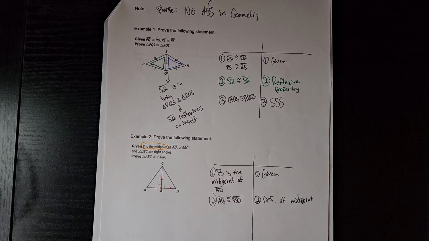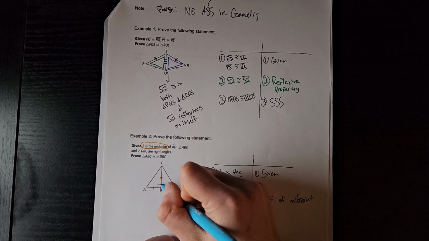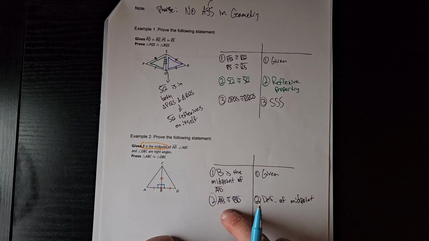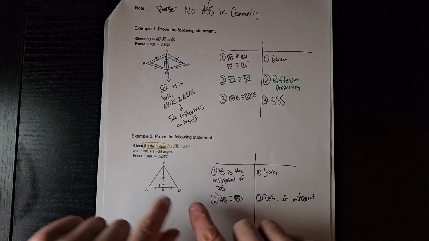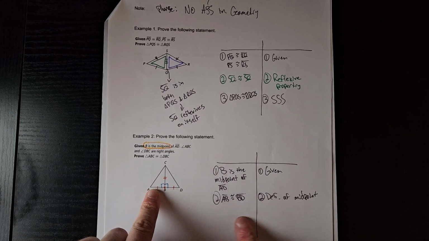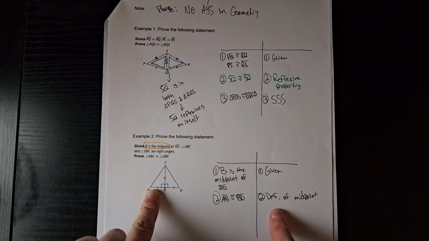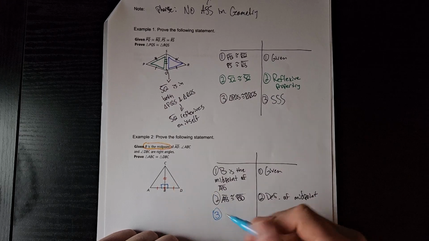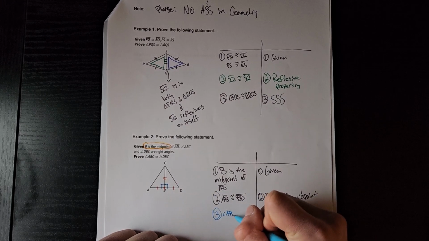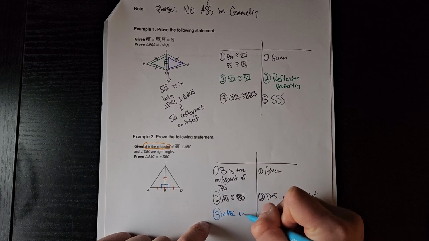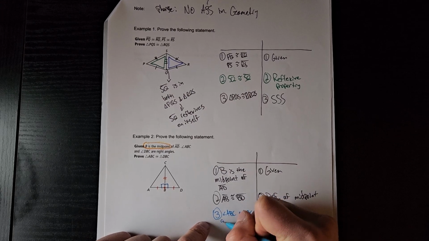I'll switch colors for the angles. So what I just wrote down was the midpoint stuff, with B being the midpoint of the segment AD, and having that split AD into 2 congruent parts, being AB and BD. I wrote that down in my second statement, and my reasoning was the definition of a midpoint. So for 3, our other given was the fact that angle ABC, which is this one right here, and angle DBC are right angles.